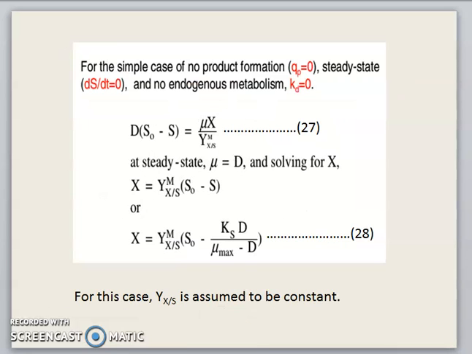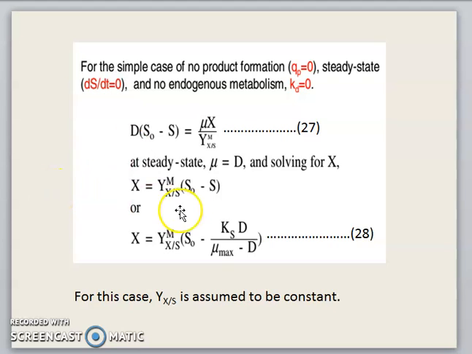So for the simple case of no product formation, Qp will be equivalent to 0, and at steady state dS/dt is equivalent to 0, where there is no endogenous metabolism, so that Kd will be equivalent to 0. Then you will have equation 27 here: D(S0 minus S) equals mu x over Y m xs.